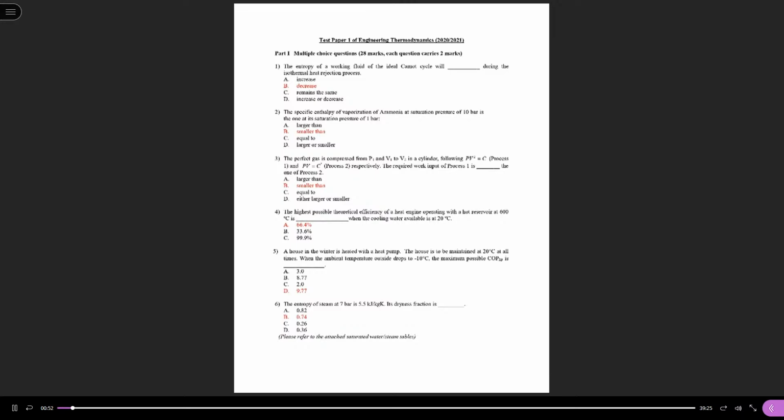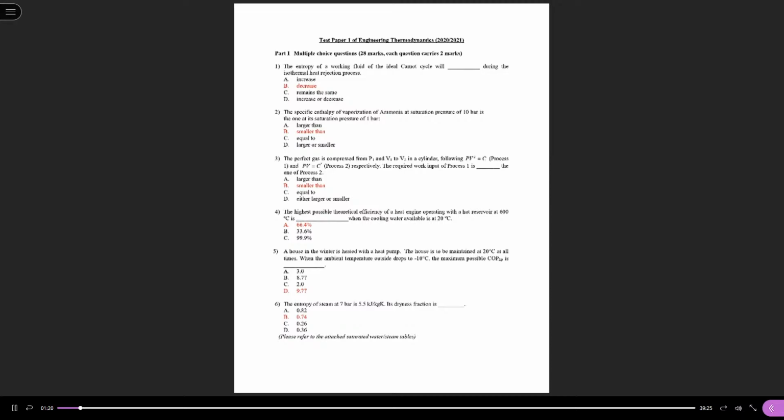Firstly, let's see what we have learned in the past few weeks. We learned the four laws of thermodynamics, including the zeroth law, first law, second law, and third law of engineering thermodynamics.